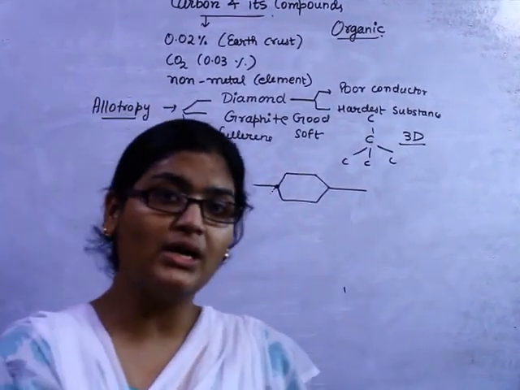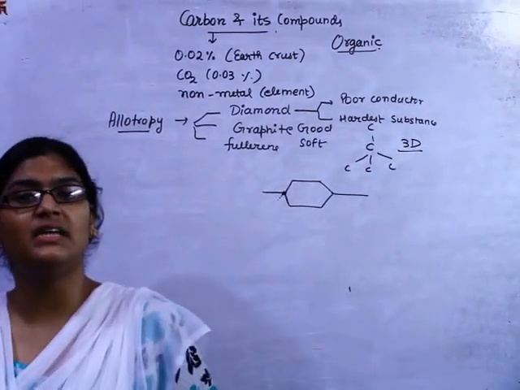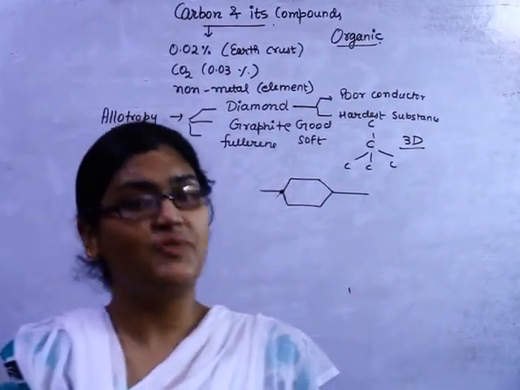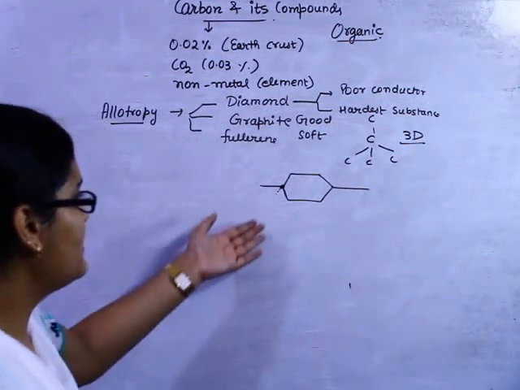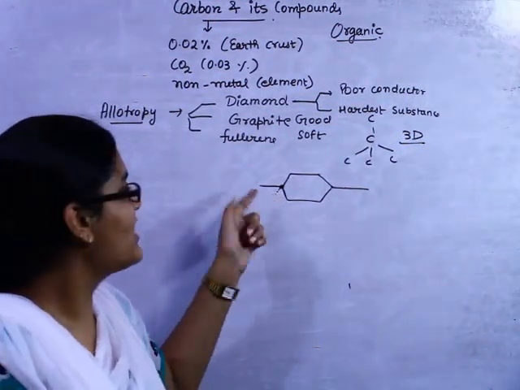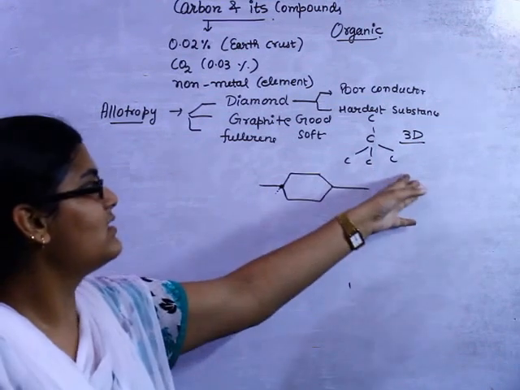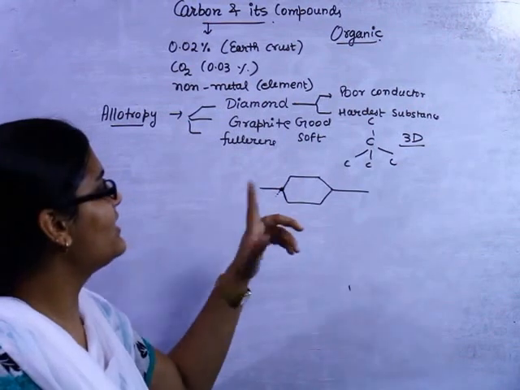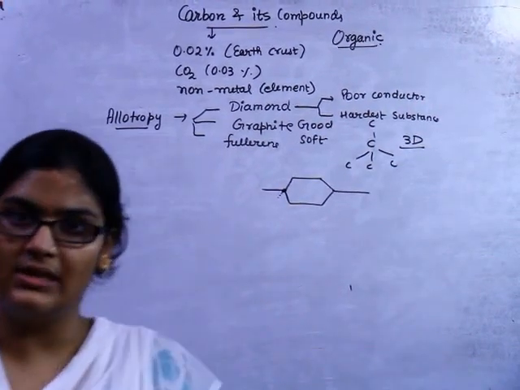One thing is important here: to conduct electricity we need some free ions, some free charge carriers. So here the carbon atom acts as a charge carrier, whereas in diamond there is no charge carrier. So it cannot conduct electricity, while graphite can. Clear?